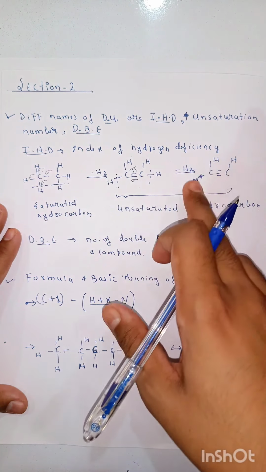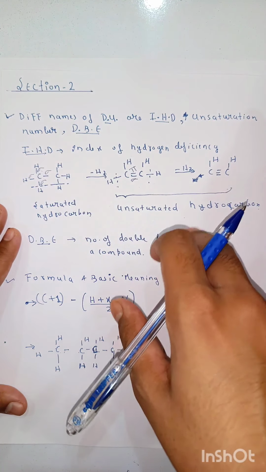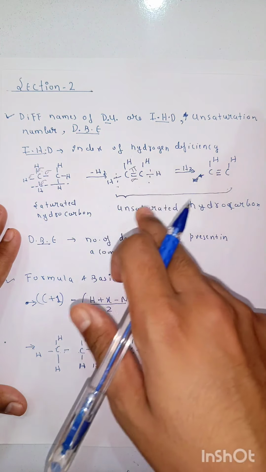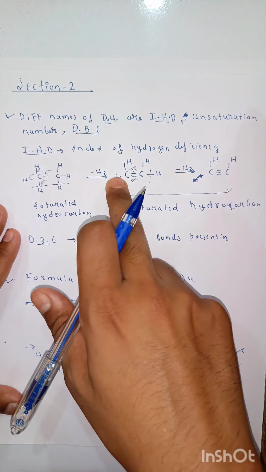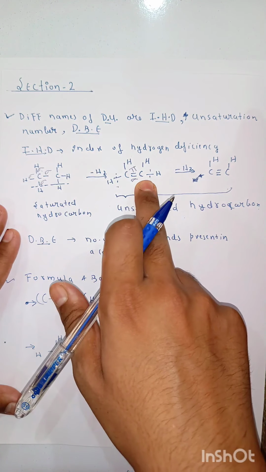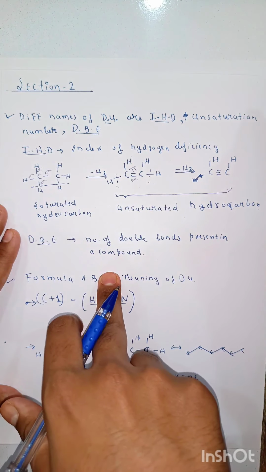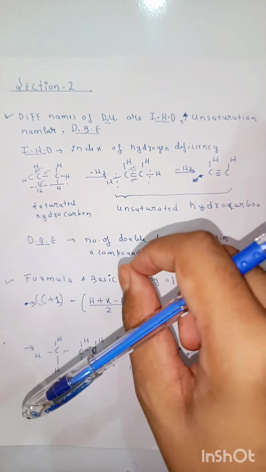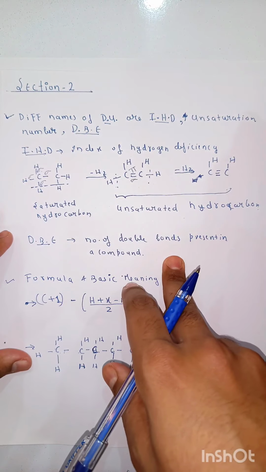Similarly, ethyne also has a deficiency of hydrogen because it has formed two pi bonds between carbon-carbon. So these two compounds are referred to as unsaturated hydrocarbons. C and H have sigma bonds, C and C have sigma bonds, but between C and C a pi bond is also present. That's why the unsaturation in degree of unsaturation is derived from unsaturated hydrocarbon only.